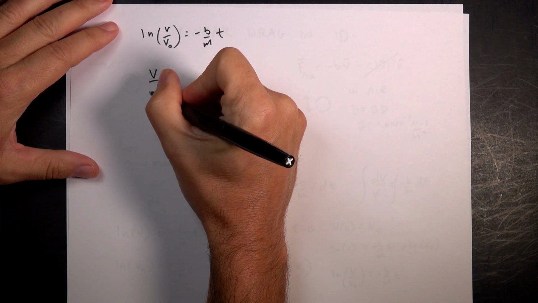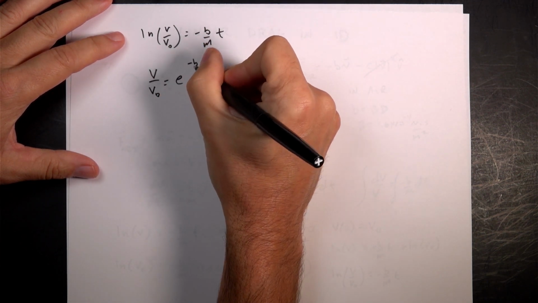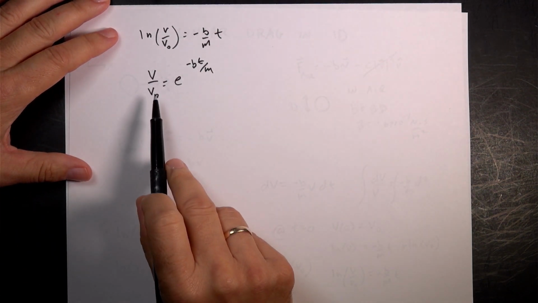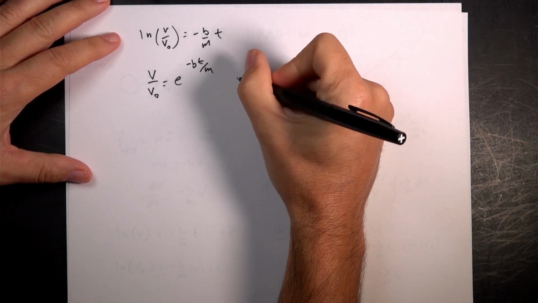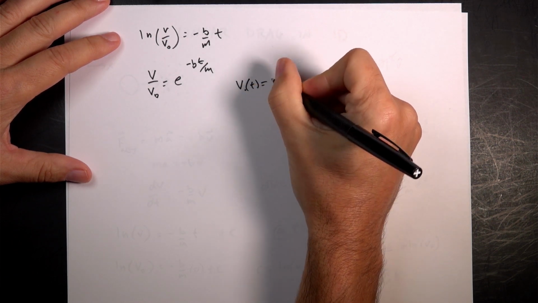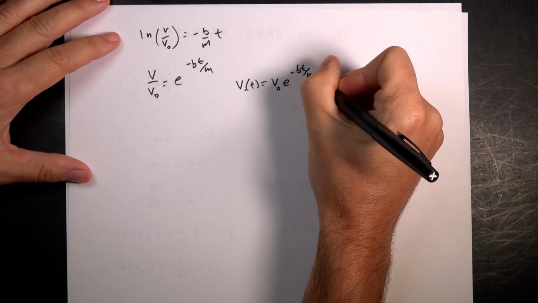So v over v0, and this side I get e to the negative bt over m. Now I'll multiply both sides by v0, and I get v as a function of time is v0 e to the negative bt over m.